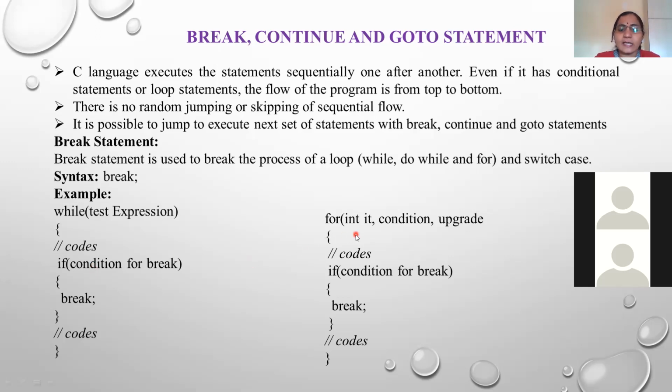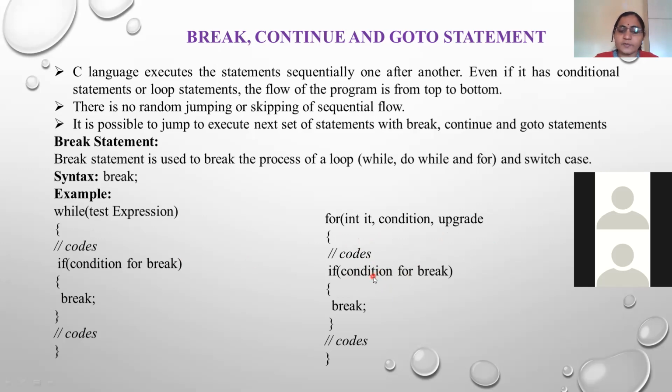In the second example, for, here I use the integer condition and then the increment. One right parenthesis is missing here. If condition for break, a similar example; here I have used a condition. That condition is possibly used for the break statement.